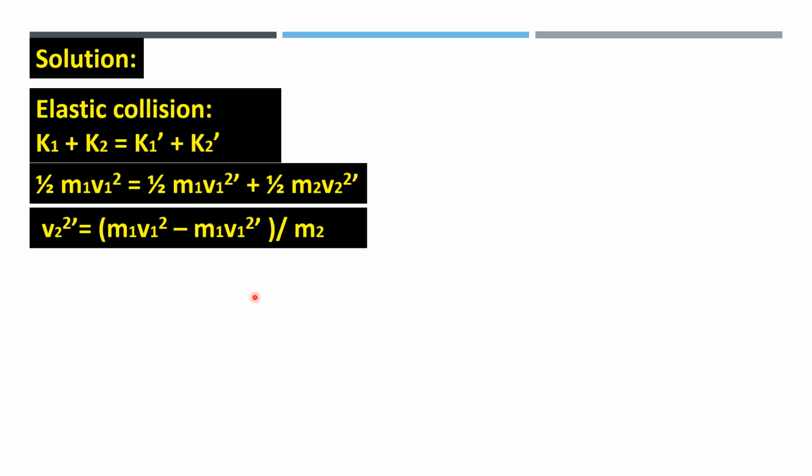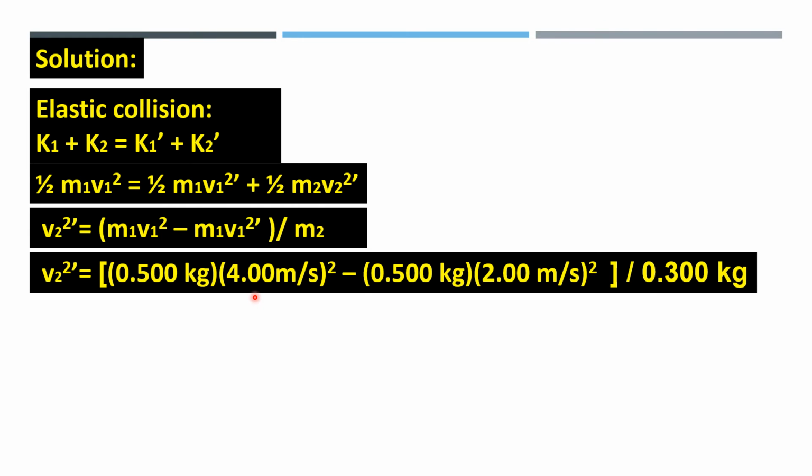Now, when we proceed, it's kind of a long substitution of the given values in the formulas. There you have the mass of the first particle in kilograms, multiplied by the speed of the small particle squared, 4 meters per second.